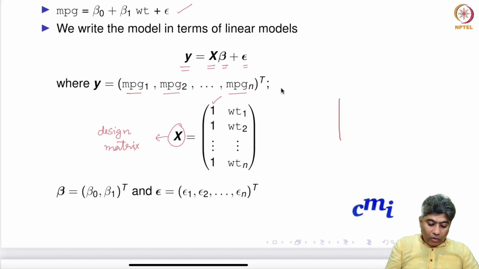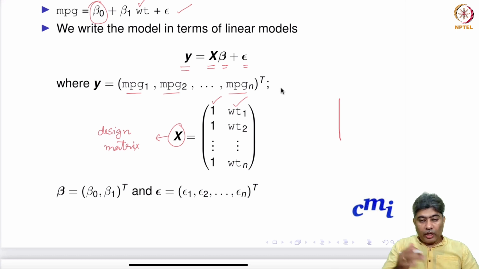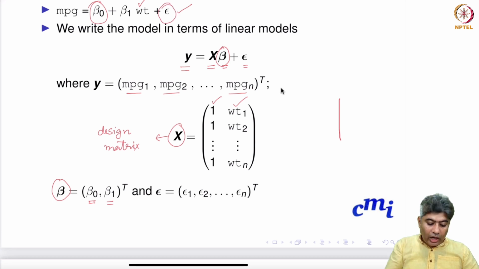This first column with all ones represents the beta naught, and the second column is the weight, the independent variable. And then beta here has two parameters. We want to estimate beta naught and beta 1, and epsilon has n elements: epsilon 1, epsilon 2, up to epsilon n.